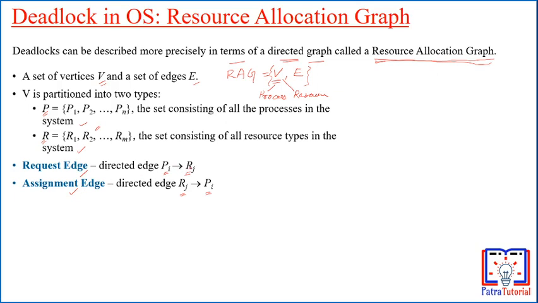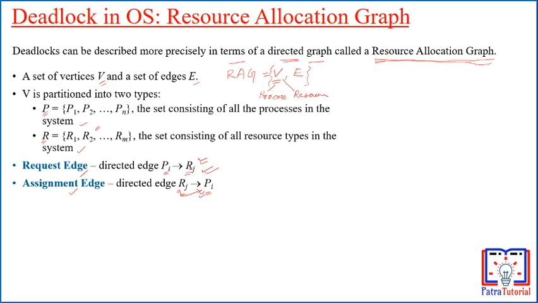If the arrow is towards the resource, then it is a request edge, and if the arrow is towards the process, then it is an assignment edge. That means this resource is already assigned to this process, and this means this process Pi is requesting the resource Rj.